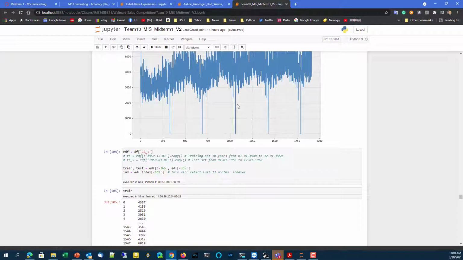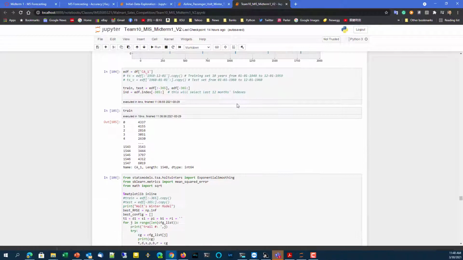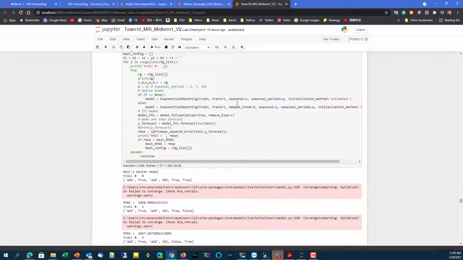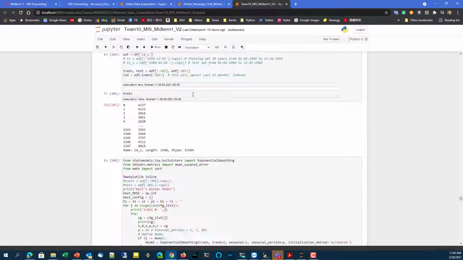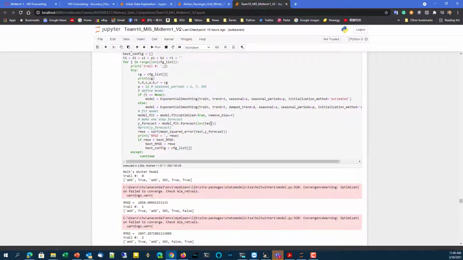Is that right? I think this is the one I did it with. I split the test and training. Training is before 365, and test is 365 and beyond. So I did it with the length of test.